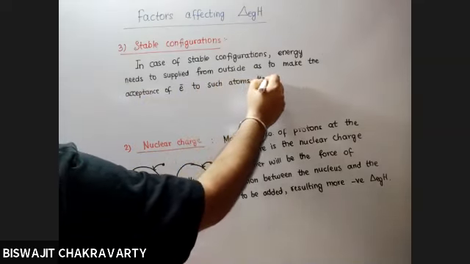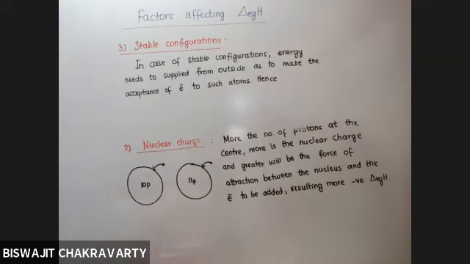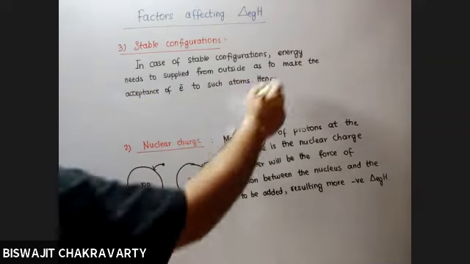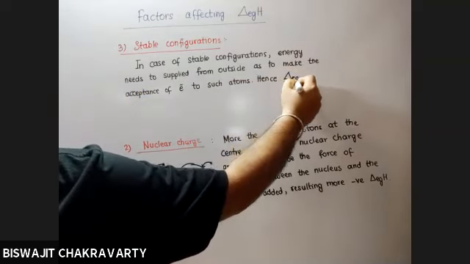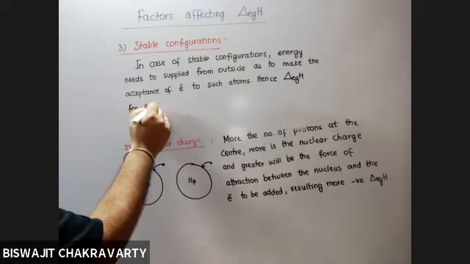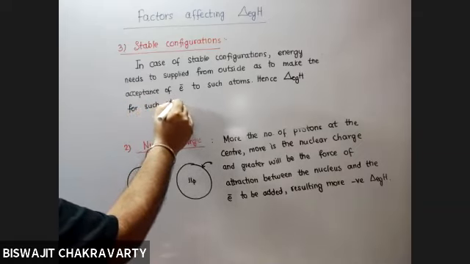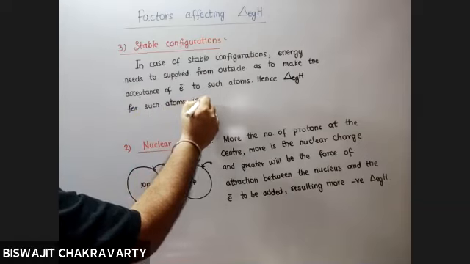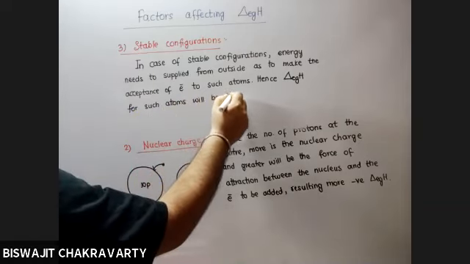Sir, the delta EGH value will be positive. It will be a positive value because you are supplying, the system is gaining energy because you are supplying it from outside. System is not losing. Yes, sir. Hence delta EGH for such atoms will be positive.